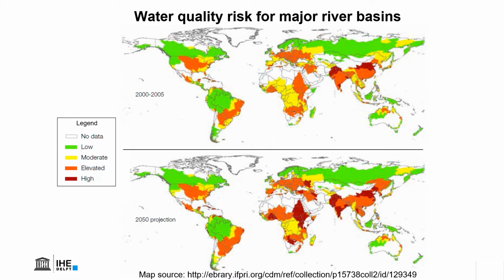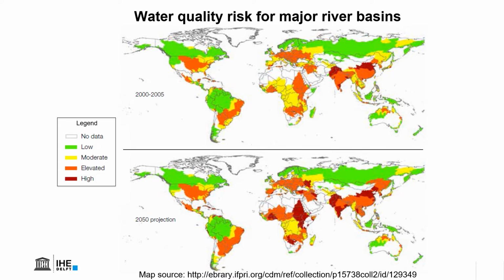A visual comparison of the two maps shows clearly that risk increases in particular in sub-Saharan Africa, Asia, and Europe. Generally, these are areas that are already at moderate or elevated risk. Most of the low-risk areas appear to remain low risk, a notable exception being the island of Madagascar.